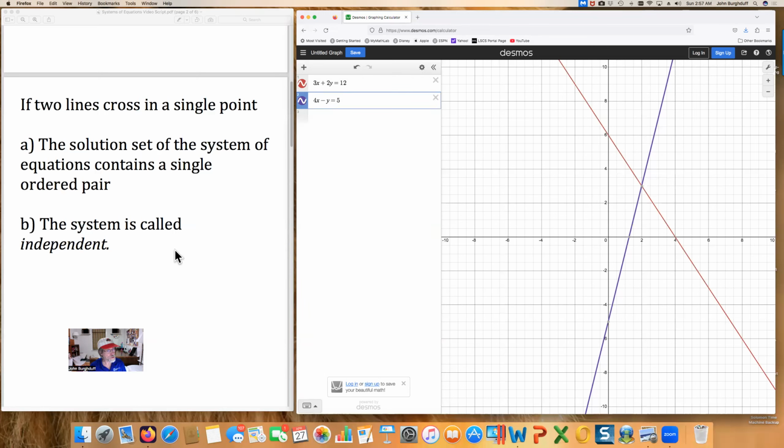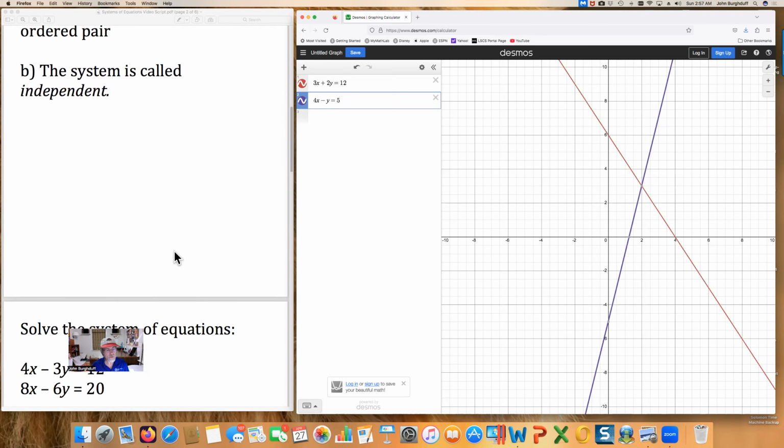And if that happens, we call the system independent. And you might wonder, why do we need a name for the system? The reason for that is when you draw two lines, it turns out that they may not cross. If they do, we call the system independent. If they don't cross in a single point, we'll have to see what that's called.